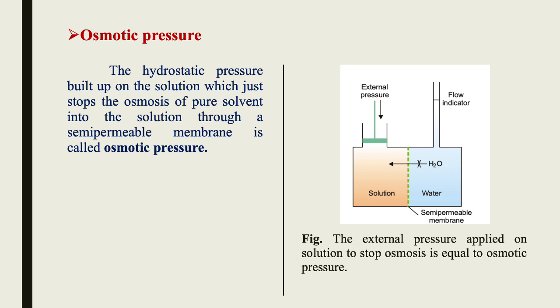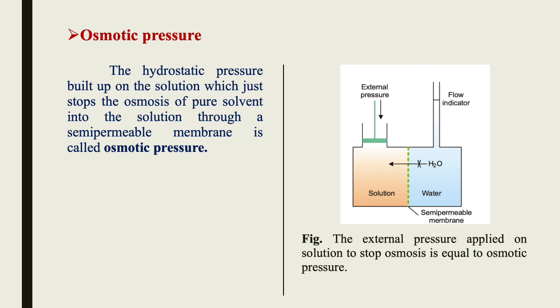So if you see it in terms of a definition, the hydrostatic pressure built up on the solution which just stops the osmosis of pure solvent into the solution through a semi-permeable membrane is called the osmotic pressure.